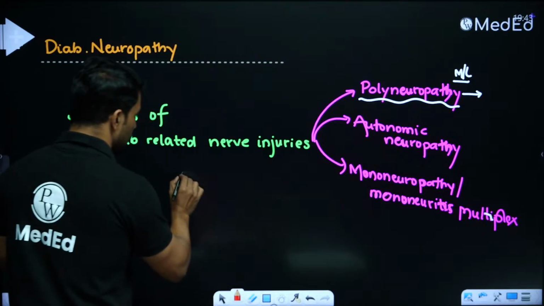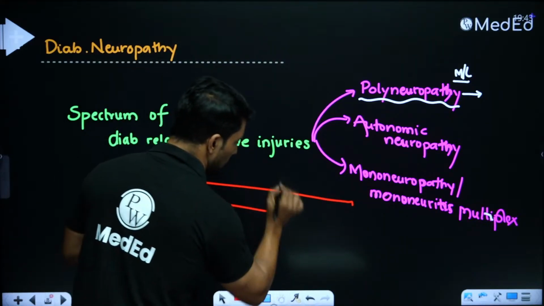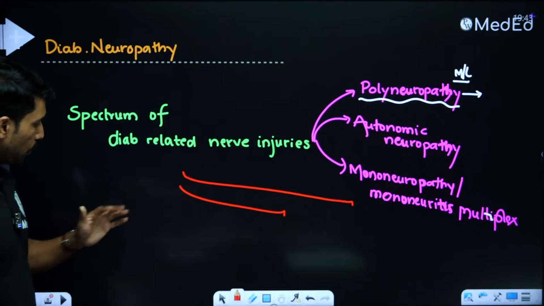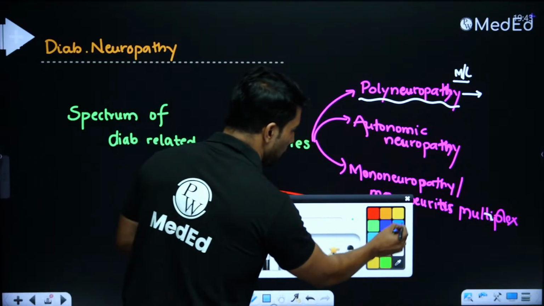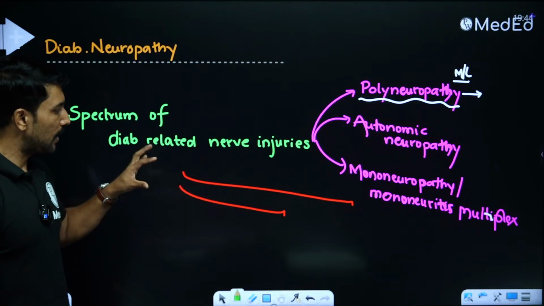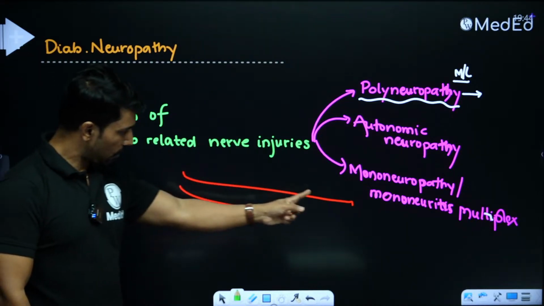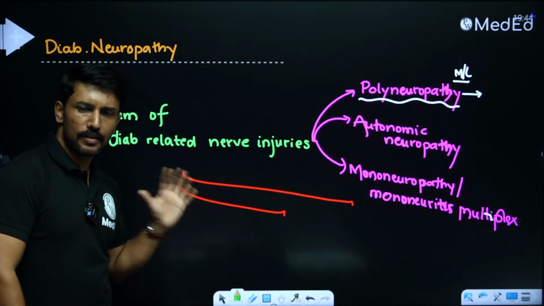Just imagine that there is one nerve which is taking this long course and there is another nerve which is taking this short course. Okay. Now when I send blood supply to both the neurons, will I send the equal amount of blood supply to both the neurons? Of course not. The longer neuron will receive more blood supply than the shorter neuron.